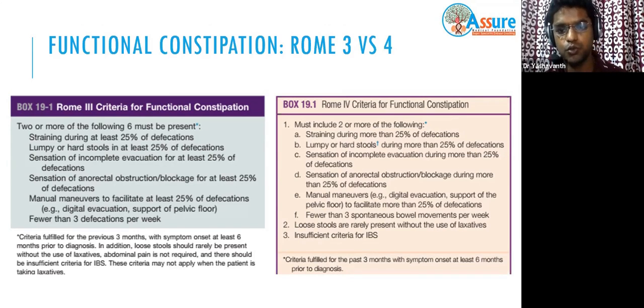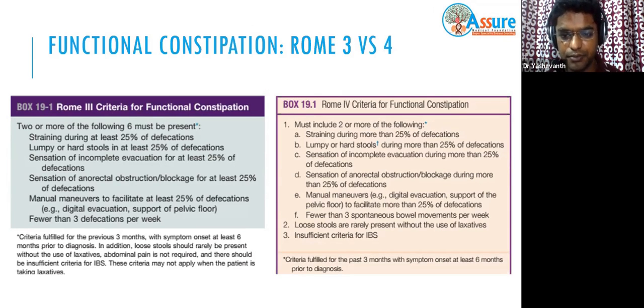Two out of six should be present: straining for more than 25% of defecations, hard stools for more than 25%, sensation of incomplete evacuation for more than 25%, sensation of blockade for more than 25%, manual maneuvers like digital evacuation, which occurs in dyssynergic defecation, we will come to it, and fewer than 3 spontaneous bowel movements per week. Loose stools are rarely present without the use of laxatives.